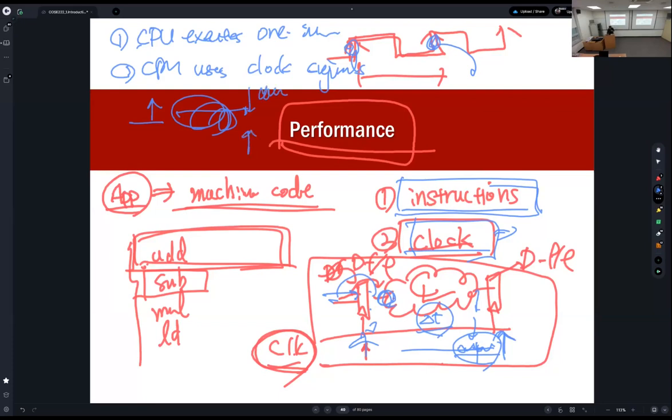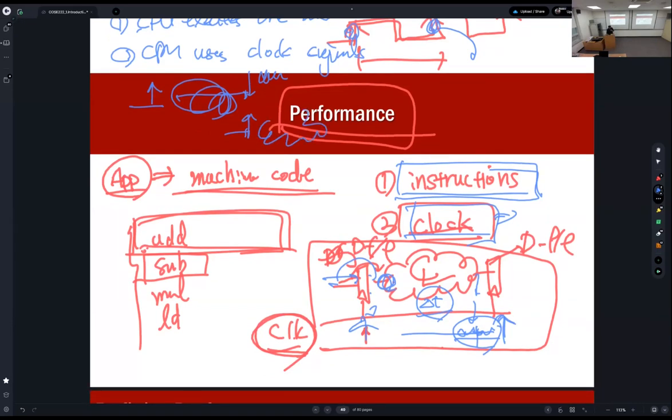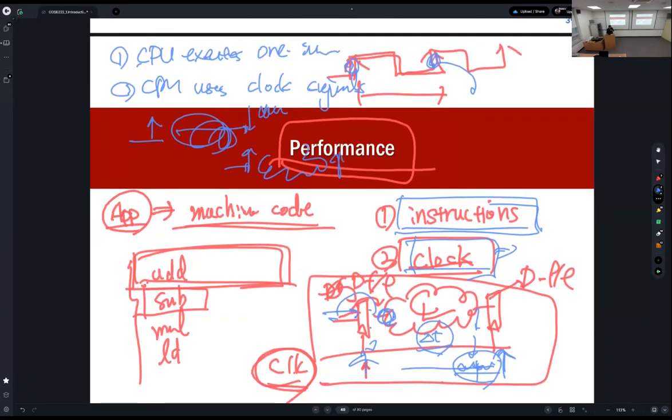Then in the next clock, the CPU receives the next instruction, it is processed and the result is generated, and that's it. The next instruction is then fetched and delivered to the CPU at the next clock edge.